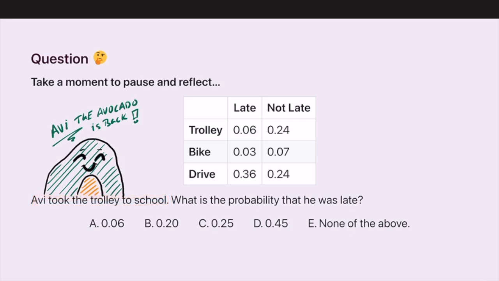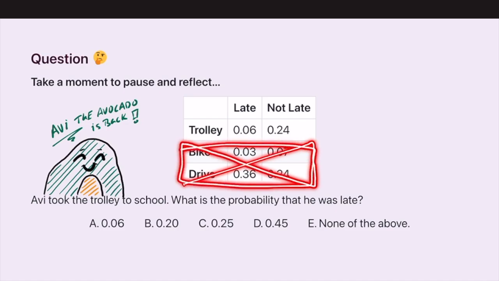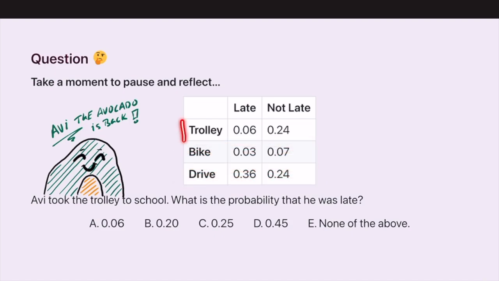That means we don't care about any of this stuff down here. This no longer exists in our probability space. Our new probability space is this right here that we really care about, and the probability that he is late requires us to think about just this stuff. So maybe I will highlight this to make it apparent that this is the stuff that we now care deeply about.